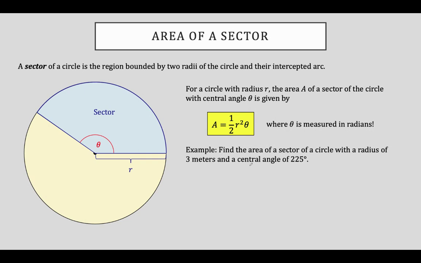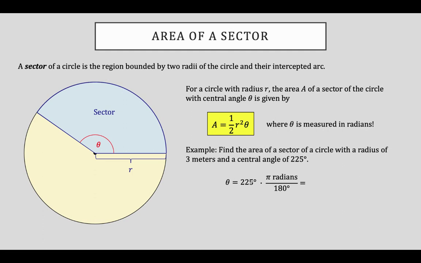So, for example, find the area of a sector of a circle with a radius of 3 meters and a central angle of 225 degrees. Well, here we are given our angle measure in degrees. In order to use our new area formula, we must convert it to radians. We do this by multiplying by our conversion factor, pi radians over 180 degrees.